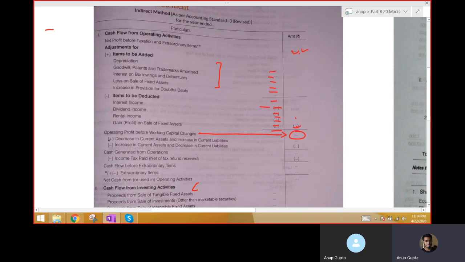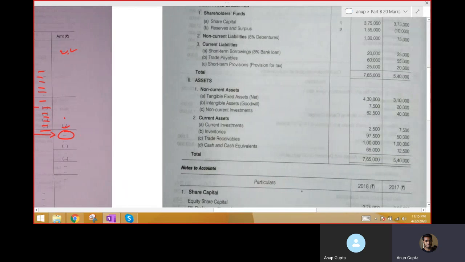After this, we will add and subtract changes in current liabilities and current assets. Okay, sir, how to remember what to add and what to subtract? If you see the question, the current liabilities and the current assets. In current assets, except cash and cash equivalent, and in current liabilities, except short-term borrowings and short-term provisions, whatever is there, you see whether it is increasing or decreasing.